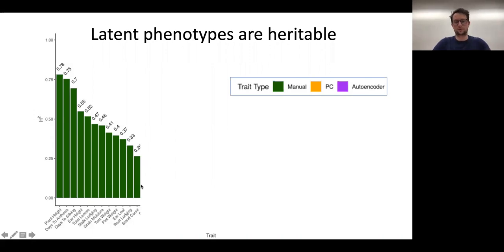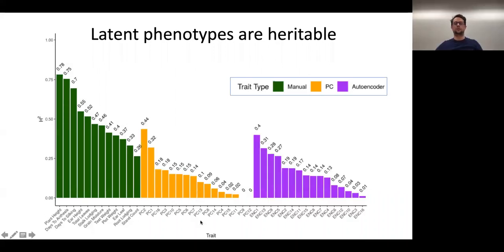This is just to give you sort of a baseline to compare the latent phenotypes to. The latent phenotypes we find range from not heritable at all up to heritabilities of about 0.4. And while that is certainly not through the roof, those heritabilities in the 0.3 to 0.4 range are fairly comparable with sort of middle of the road heritability traditional phenotypes.